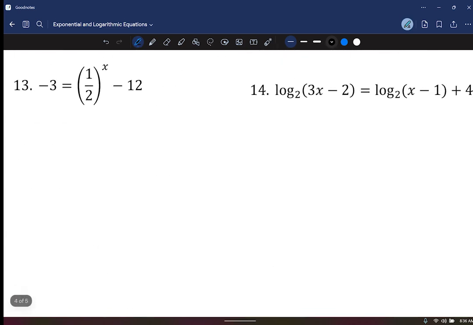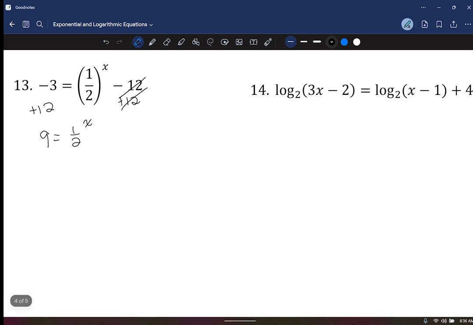All right, number 13. So I need to isolate where my x is. So I'm going to go ahead and add 12. That gives me 9 is equal to (1/2) to the x. Now notice 9 does not have a variable in its exponent.